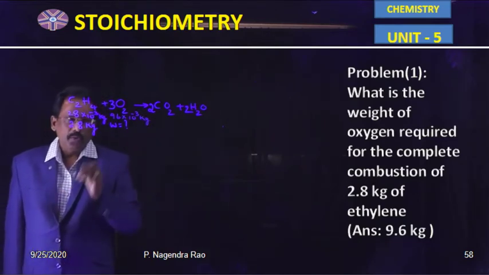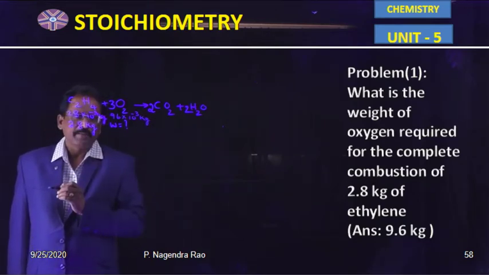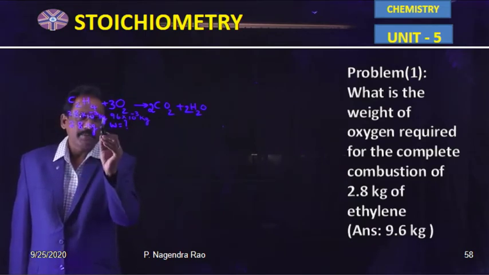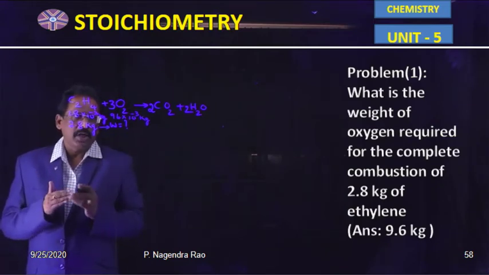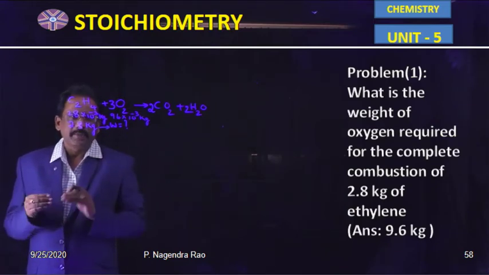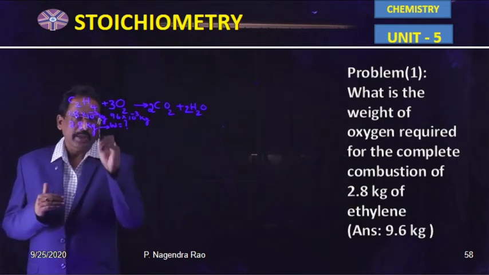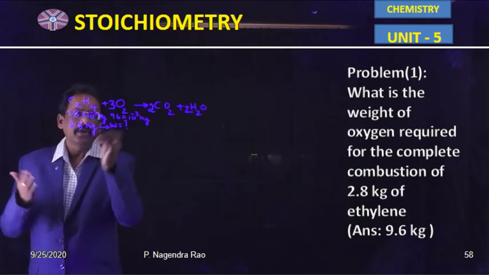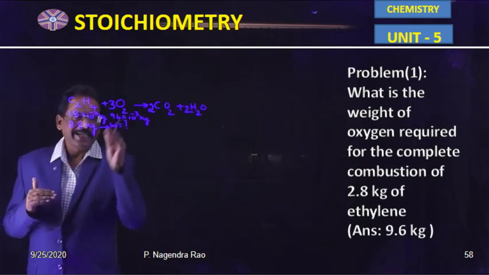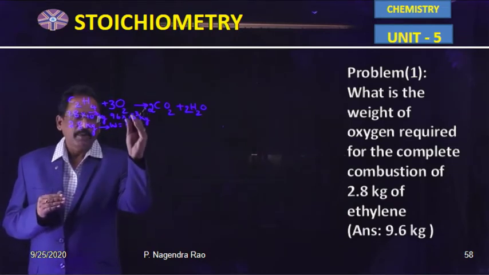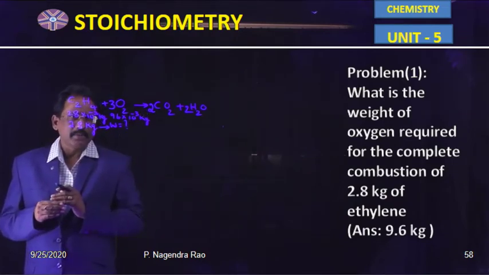So 2.8 kilograms of ethylene requires how much weight of oxygen gas? According to the reaction, 28 into 10 power minus 3 kilograms of ethylene gas requires 96 into 10 power minus 3 kilograms of oxygen.